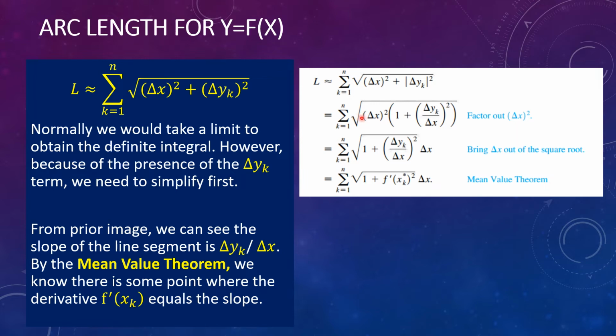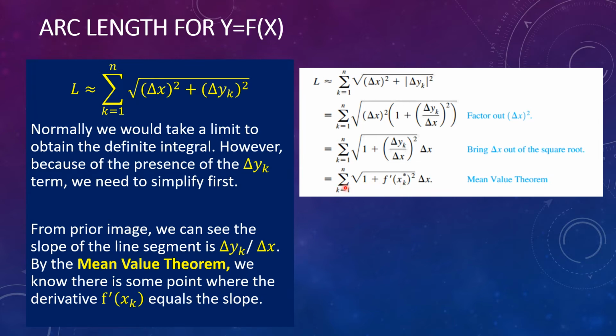Since we have the square root of delta x squared, we can take the square root of that, and we get delta x outside of the radical. And now we have it in a form that is all defined in terms of x and f of x, and its derivative.